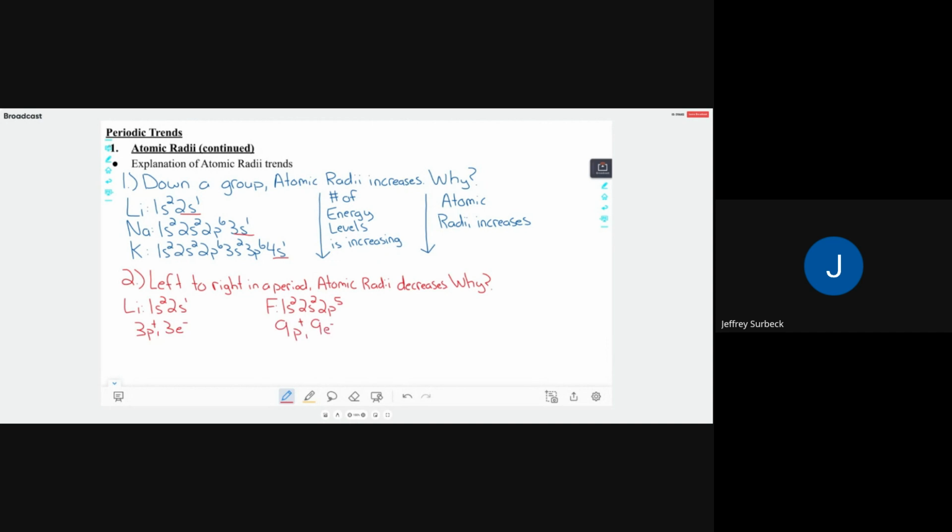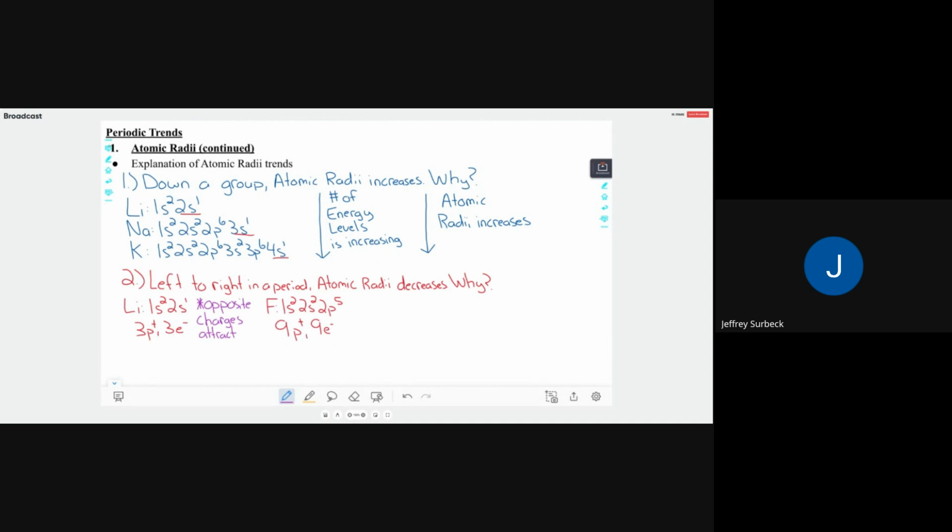Now, we also need to keep in mind this point right here, and that is opposite charges are going to attract. That means positive protons are going to attract those negative electrons, okay?